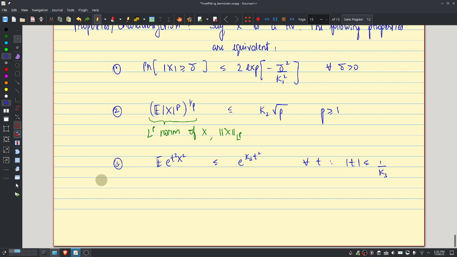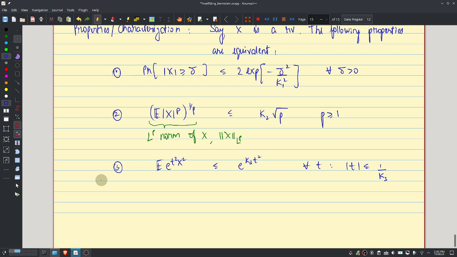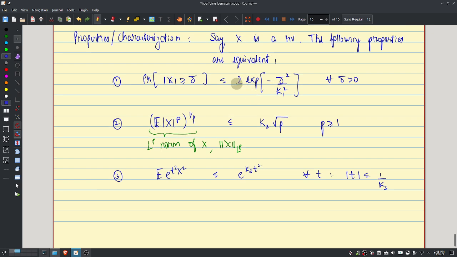I'm just making statements right now. Okay? So I'm saying that all of these properties are equivalent to each other. So if some random variable satisfies one of these properties, then it should satisfy all of the other properties.